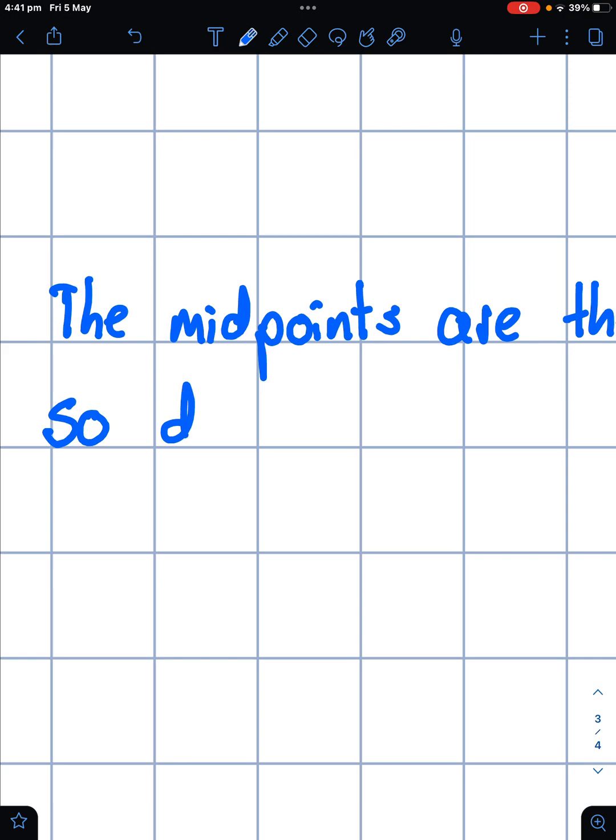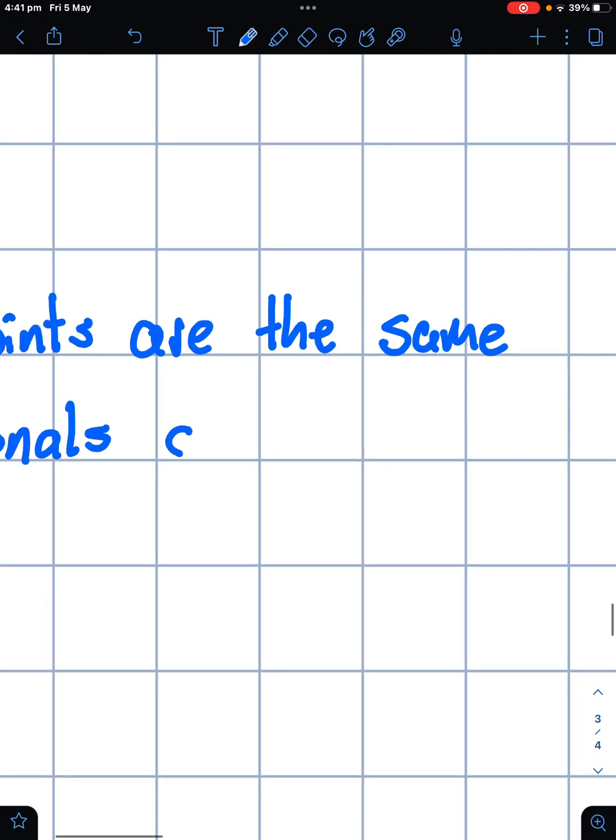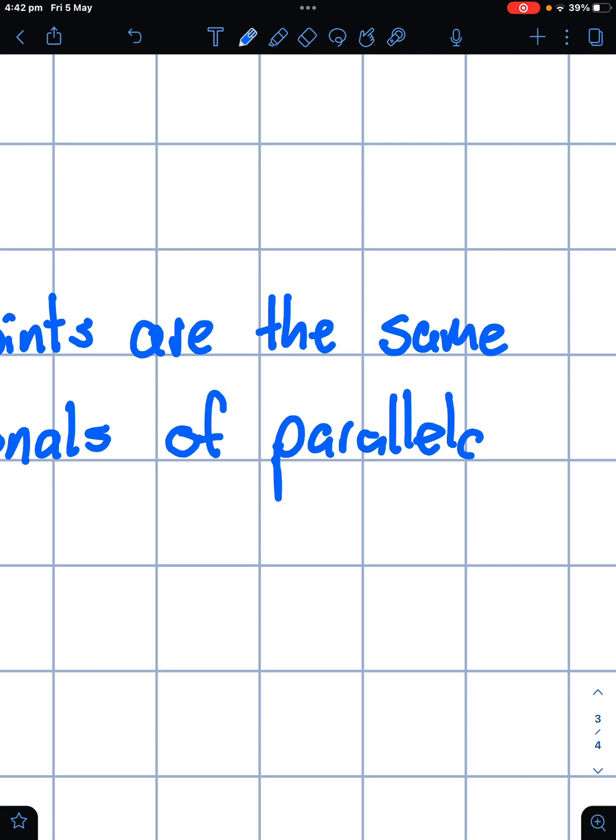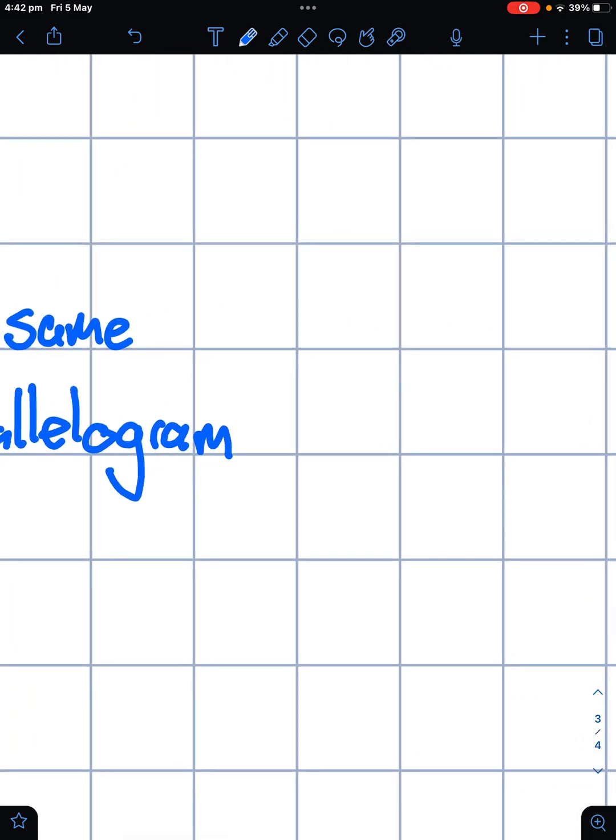So diagonals of a parallelogram bisect. Now bisect means chop in half. All right, there we go. All good.